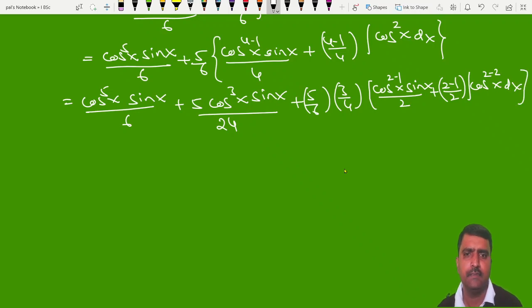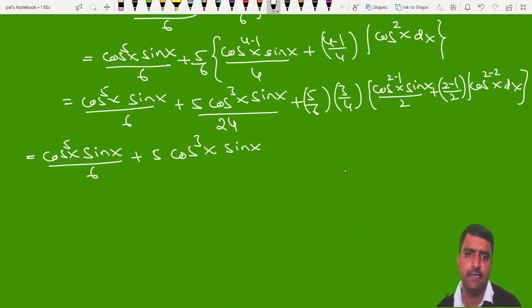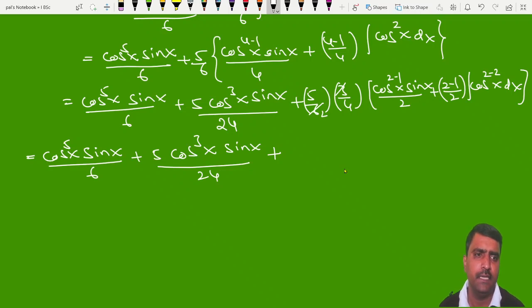Okay, so that is all, which is equal to cos to the power 5 x sin x divided by 6 plus 5 into cos cube x into sin x divided by 24 plus, here you can cancel: 3 ones are 3, 2 fours are 8, remaining is 5 by 8. 5 by 8 into this term, 8 twos are 16, into cos x into sin x.